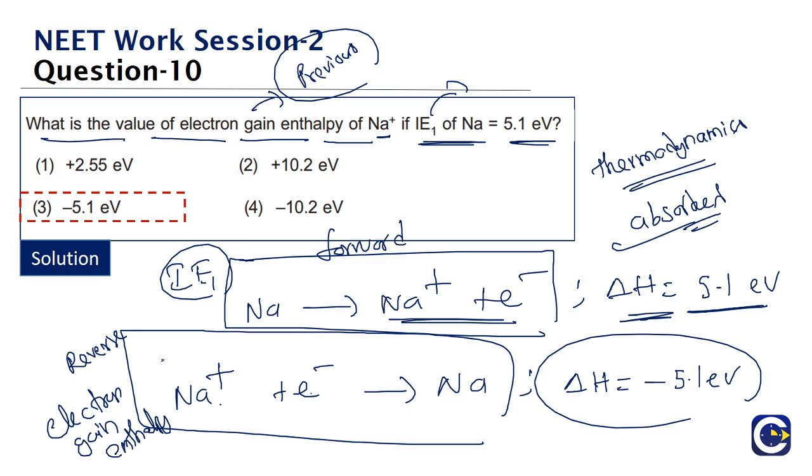In thermodynamics we will study that when you reverse an equation, the enthalpy change of that reaction becomes the negative of the original value. Here it is 5.1, so for this process it will be minus 5.1. Okay, so the correct answer is option 3.